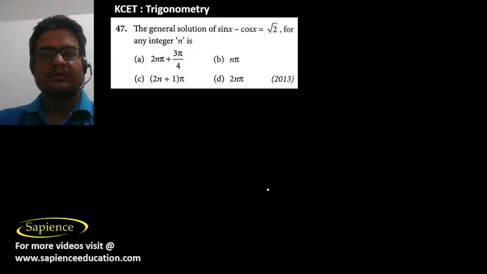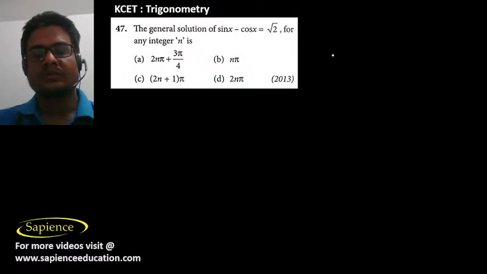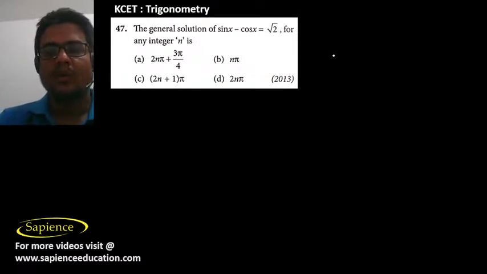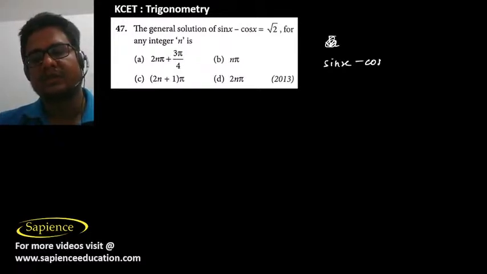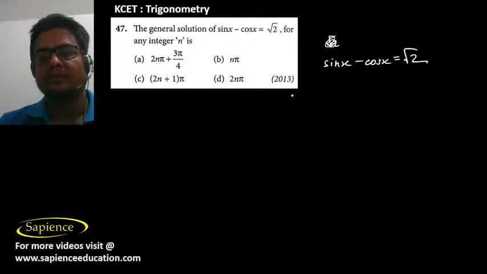So now we shall solve the last question of today's live class, question number 47. We have to find the general solution of sin x minus cos x equal to root 2.